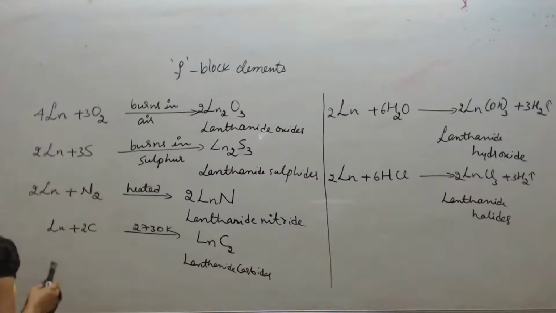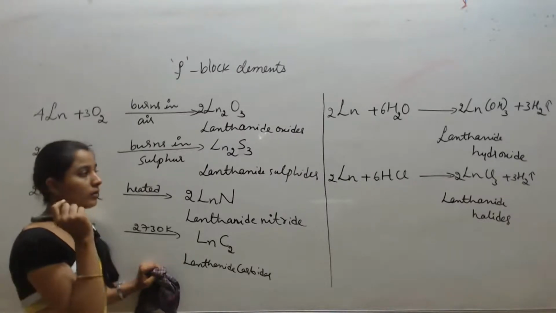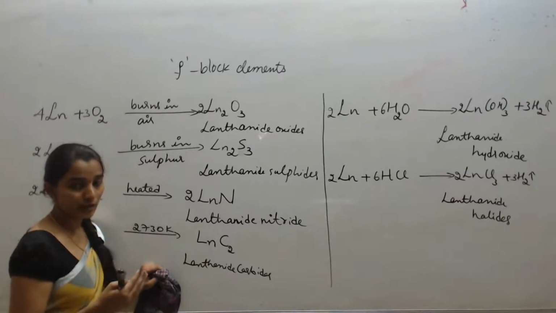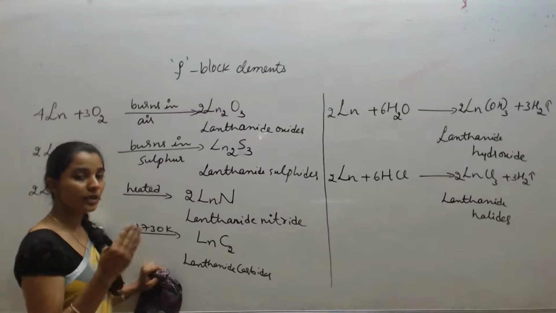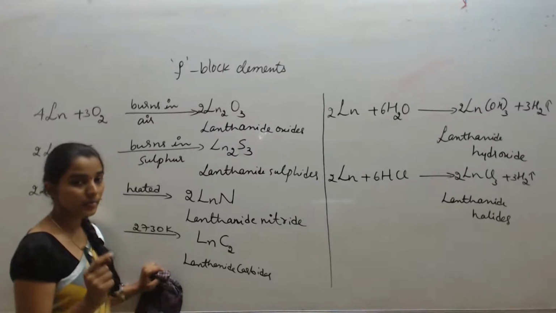Next one, students, is actinides. As I told you, the 5f series elements are all radioactive. The elements after uranium are called trans-uranium elements.